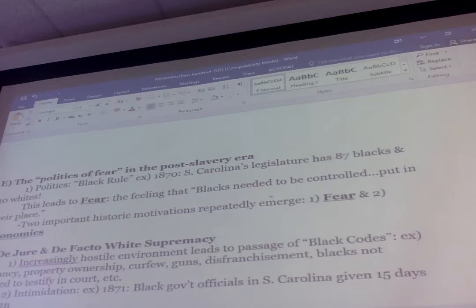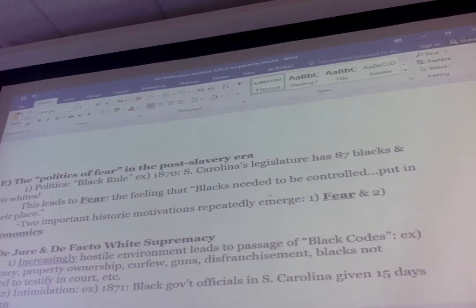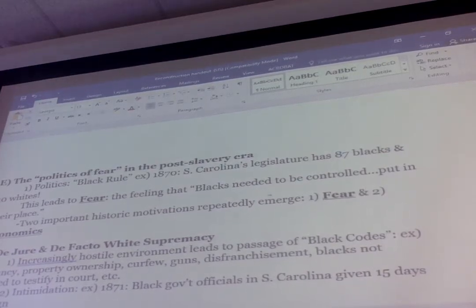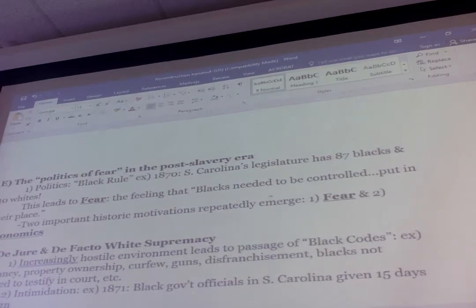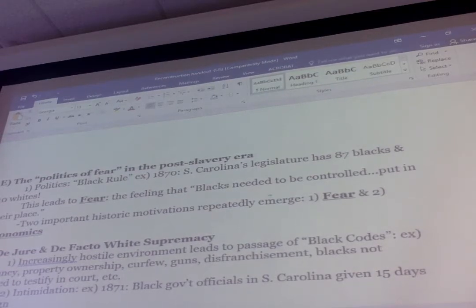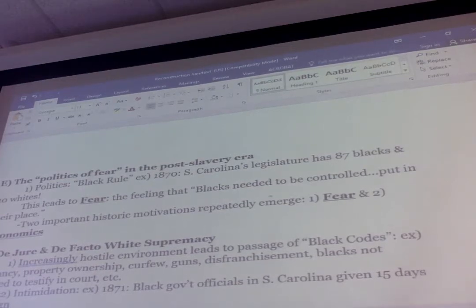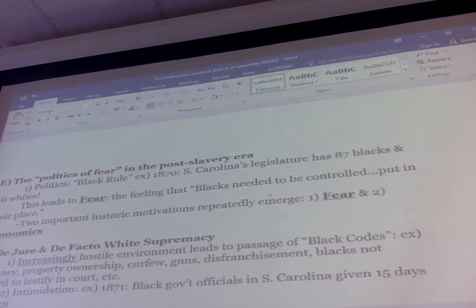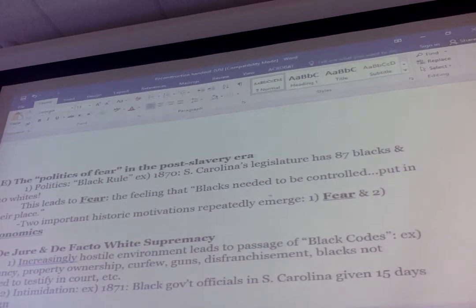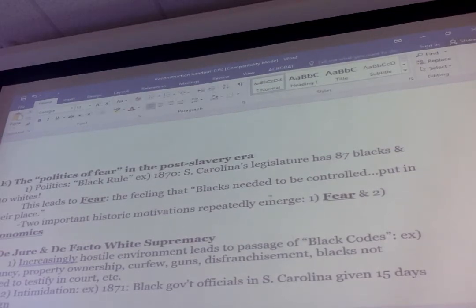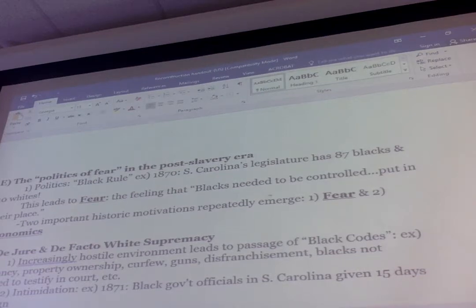Many poor whites, their grandfather didn't have the right to vote, so they're losing the right to vote too. Once again, we would think that this would lead to a class revolution, right? These non-slaveholders would get with freedmen and overlook their racial differences, focus on their class differences, focus on the fact that both of them are politically disempowered, and take over the region. That's not going to happen.